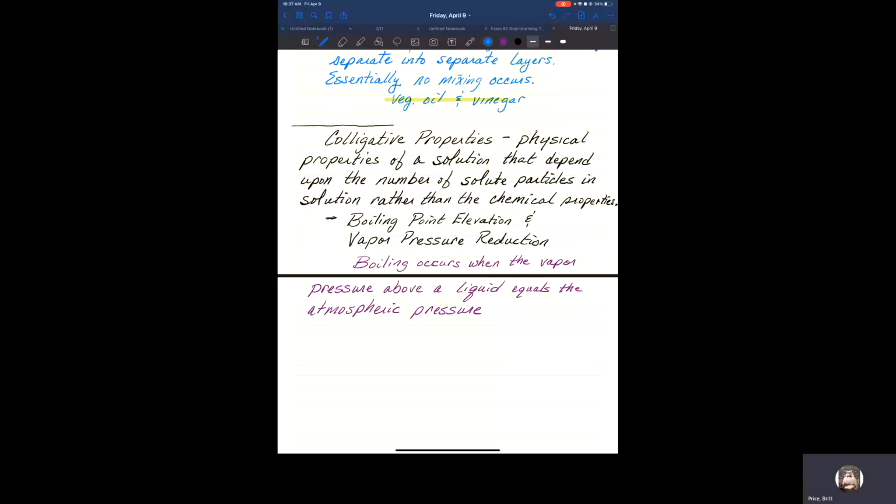Remember that I have a liquid in my little container of liquid. I'm going to draw blue.